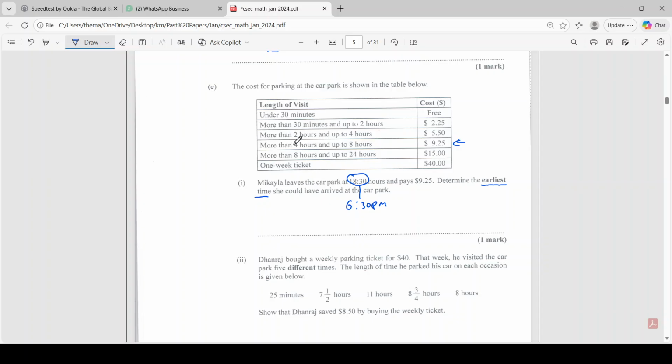If we use the 4 hours, 4 hours before 6:30 will be 2:30. If we use the 8 hours, 8 hours before 6:30 will give us the earliest time. So 8 hours before 6:30 would be 10:30 in the morning. 10:30 plus 8 will give us 6:30 p.m. So our answer is 10:30 a.m.